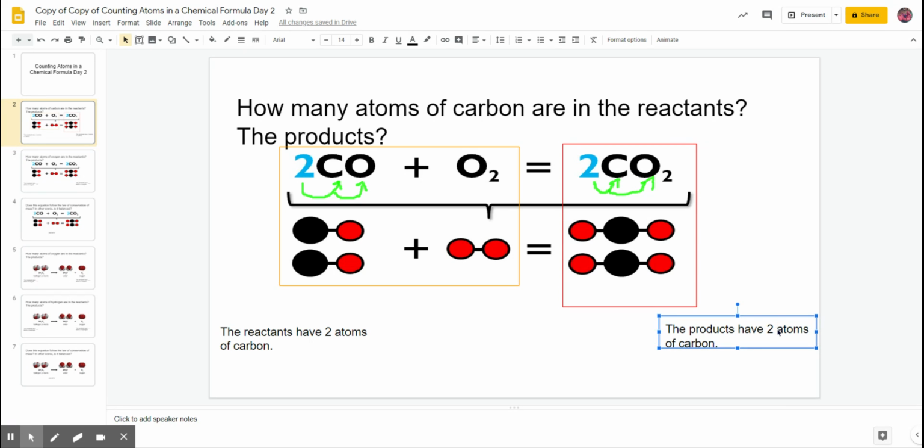And if you need to visualize that, think about it as the black circles are carbon. Right here I have 1, 2 of those, and over on this side I have 1, 2 of those. Okay?